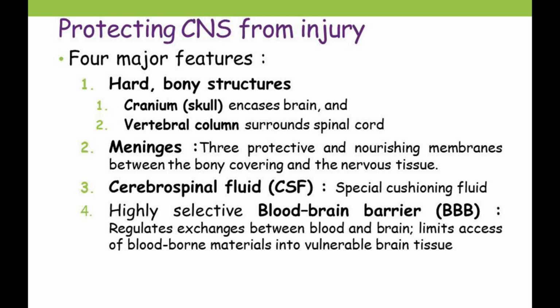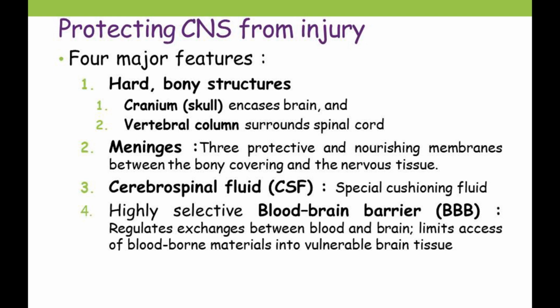Second is the meninges: three protective and nourishing membranes present between the bony covering and the nervous tissue. Third is the cerebrospinal fluid, which is a special cushioning fluid, and fourth is the highly selective blood-brain barrier, which regulates exchange between the blood and the brain.